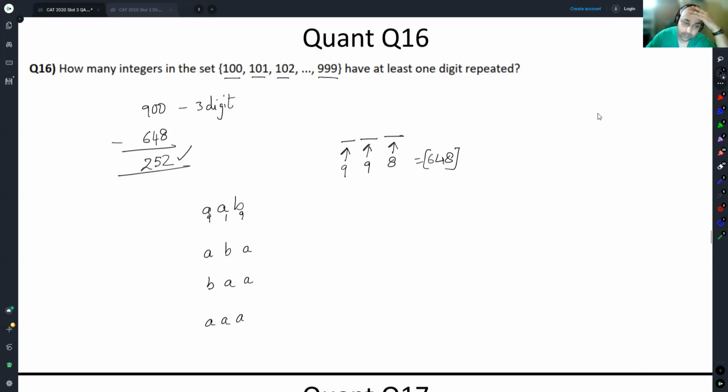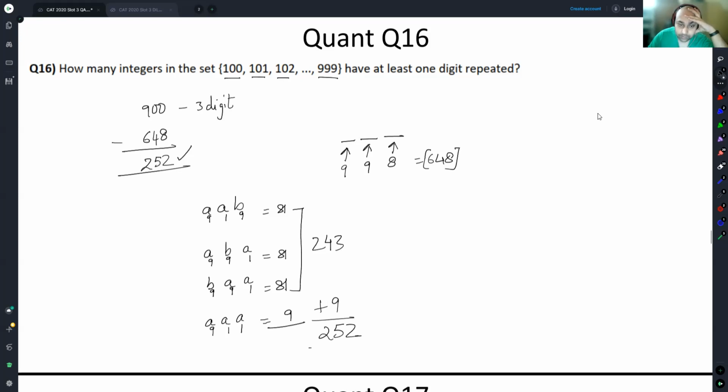This can be filled up in 9 ways. 9 ways, 1 way, 9 ways. 1 way, 1 way. So this gives me 81 cases, 81 cases, 81 cases. This gives me 9 cases. These 3 will give me 243 cases. Plus 9 will give me 252 cases. Both these ways are perfectly understandable. You'll reach 252 by both of them. Maybe move.